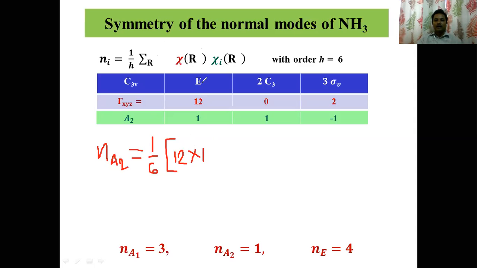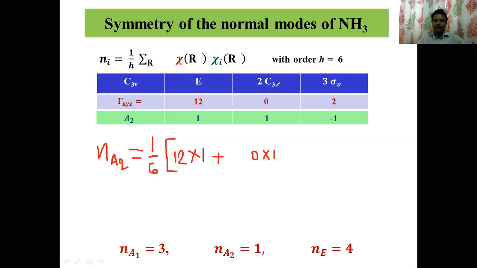Then sum over R, so the next R is going to be C3, so plus, the character is going to be 0 for the reducible representation multiplied with the character for the A2. Now, of course, you have to realize that here I said the sum should be over all operations.